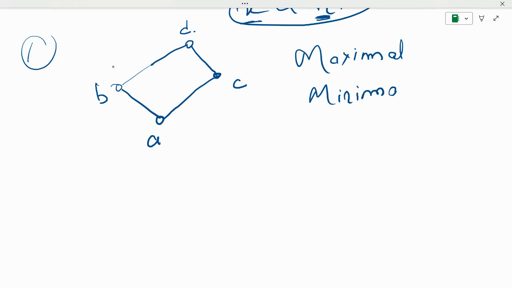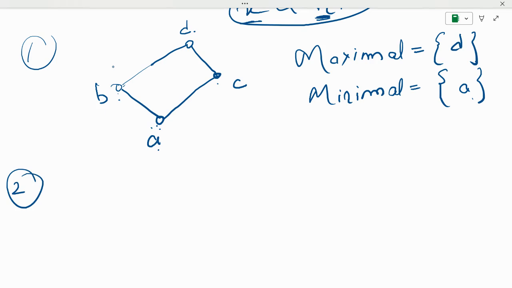The minimal will include A because no other element among B, C, D has an associativity with A. A does not cover any element; the remaining elements are covering A, but A is not covering any element. Similarly, the maximal element is D.